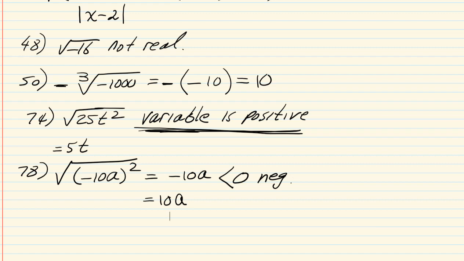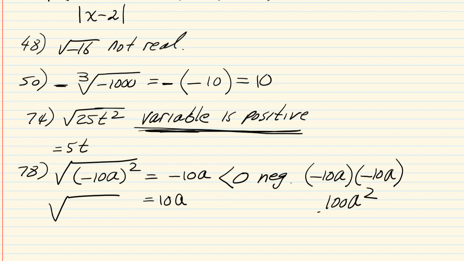One way you can justify this is, look at it. Negative 10a squared means negative 10a times negative 10a. 10 and 10 makes 100, a squared, so 100a squared. And again, we're back to looking something like the earlier one, so the answer is just going to be 10a.